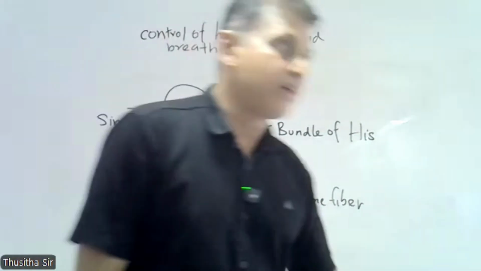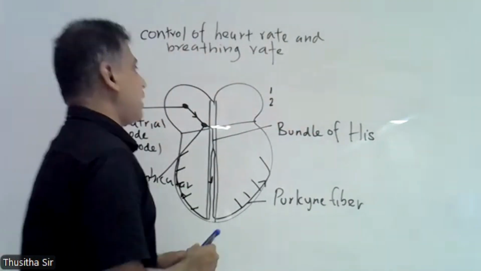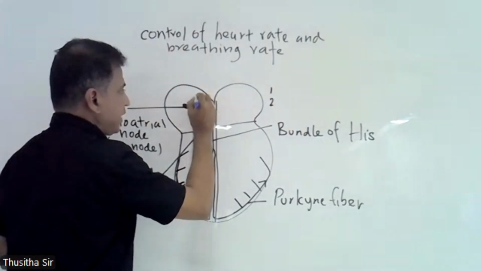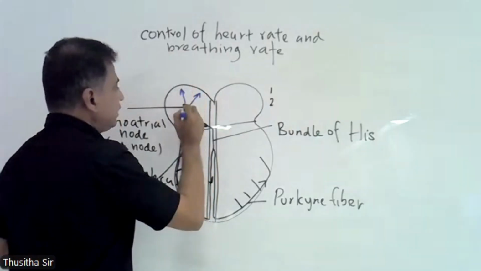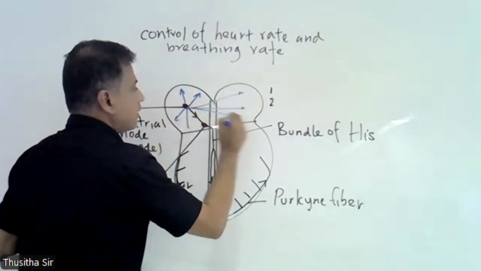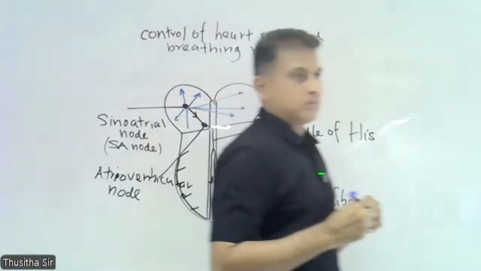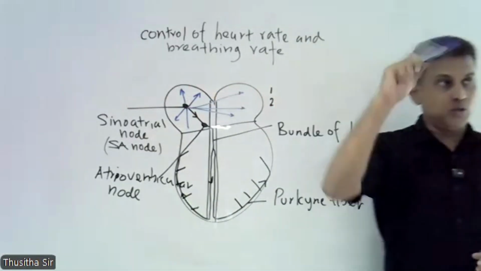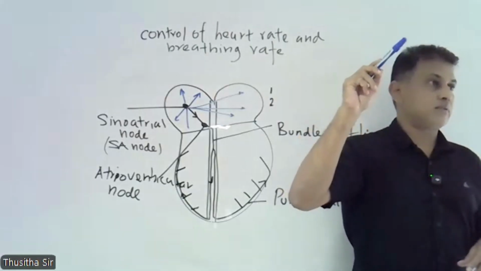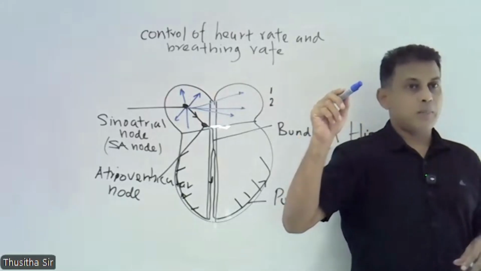Now, when depolarization takes place, what's exactly happening? The depolarization waves go to both atria. If you look at the original diagram of heart muscles, they are branched.